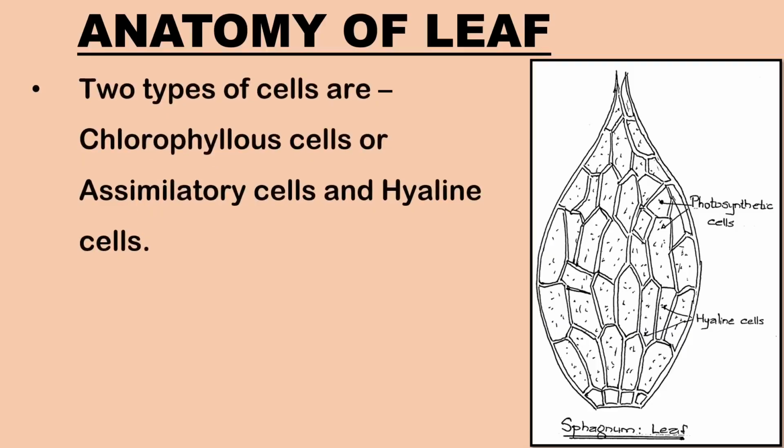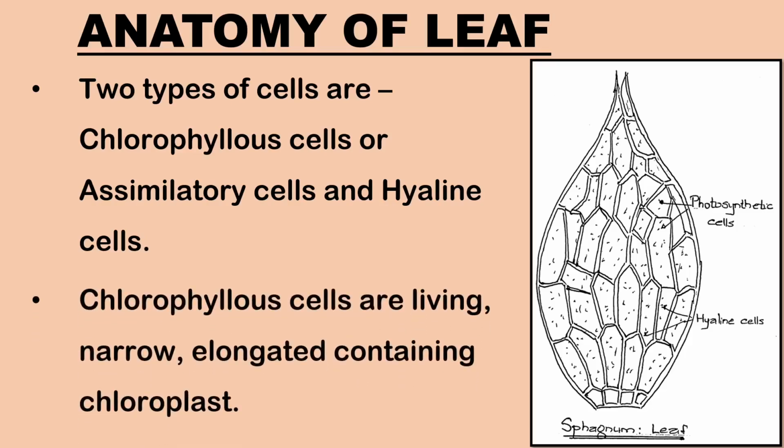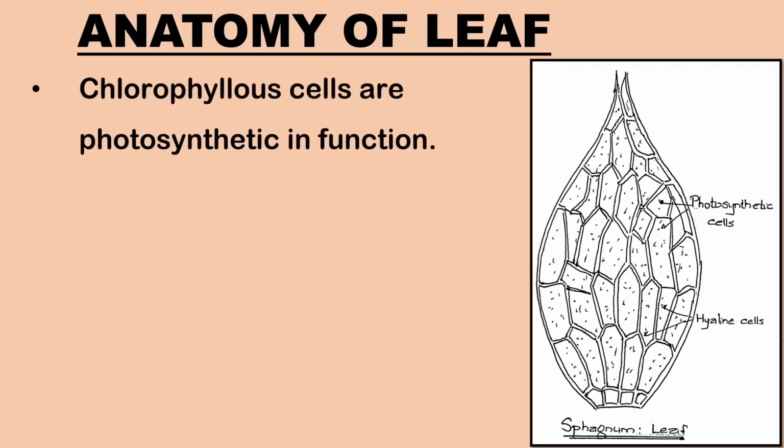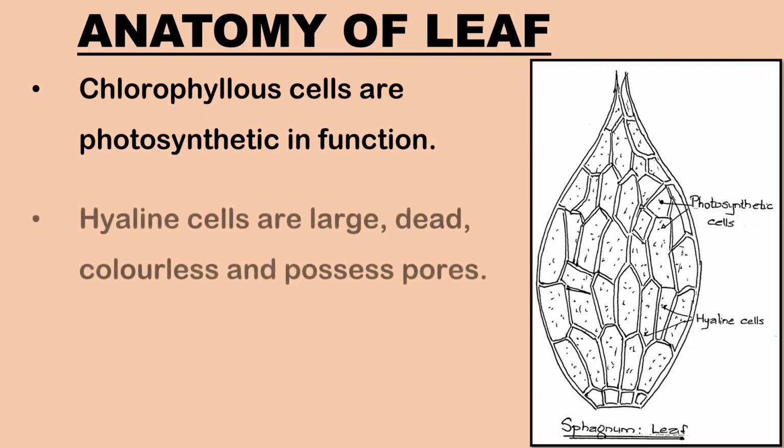The two types of cells are green, photosynthetic, chlorophyllous cells or assimilatory cells, and hyaline cells. Chlorophyllous cells are living, narrow, elongated, containing chloroplast. They are photosynthetic in function and produce food for the plant.